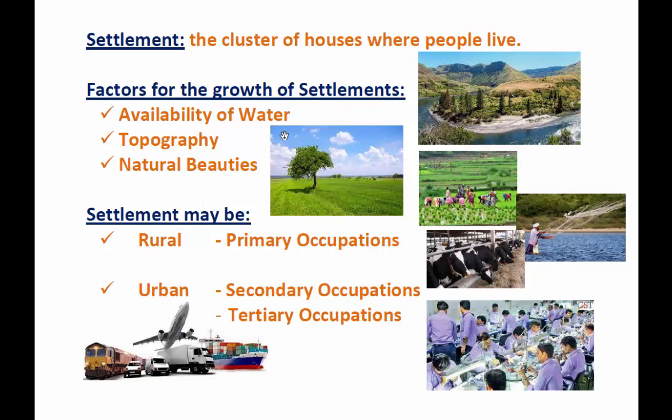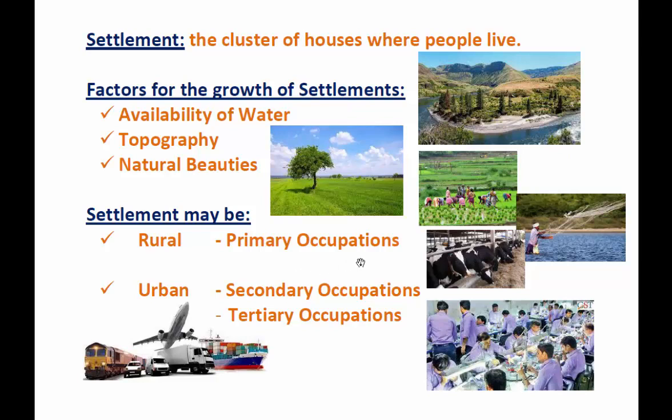Well, so settlement may be a rural settlement as well as urban settlement. Rural settlement are those people who engage in primary occupations such as agriculture, fishing, as well as animal husbandry or cattle rearing and all. This is what we call primary occupations.